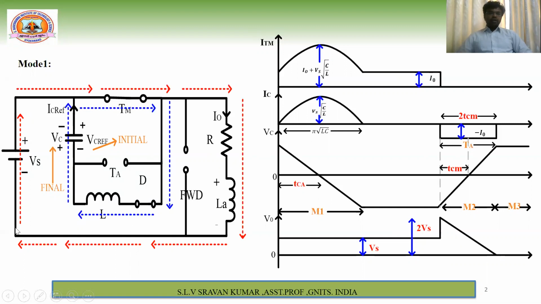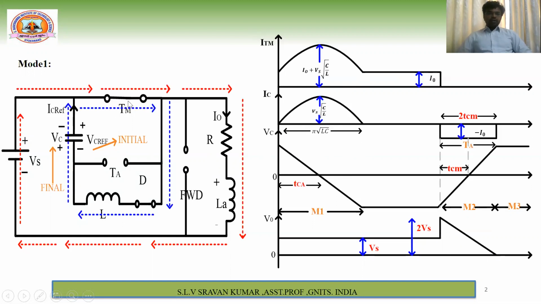This is the IC current, which is sinusoidal, because this current is flowing through your L and C. Whenever you have an L and C combination, you get a sinusoidal wave. This is only the capacitor current waveform.